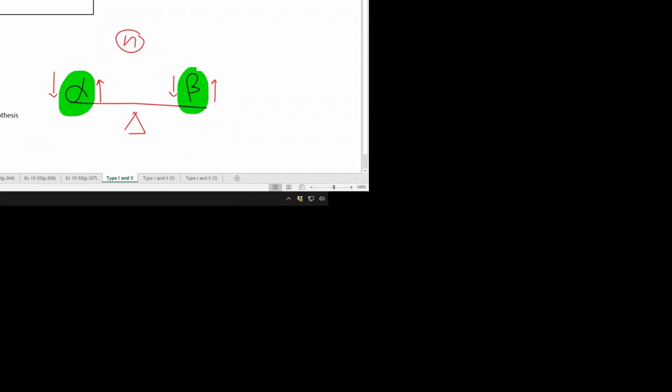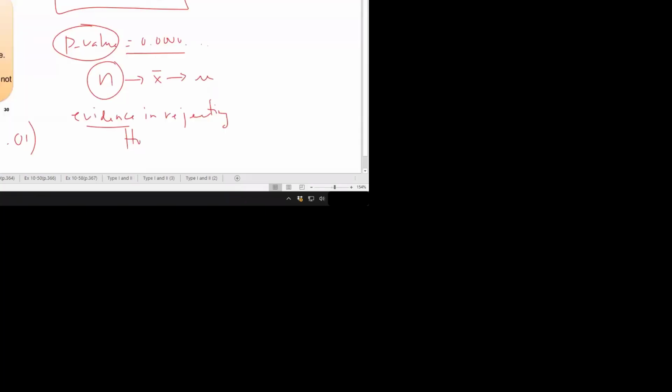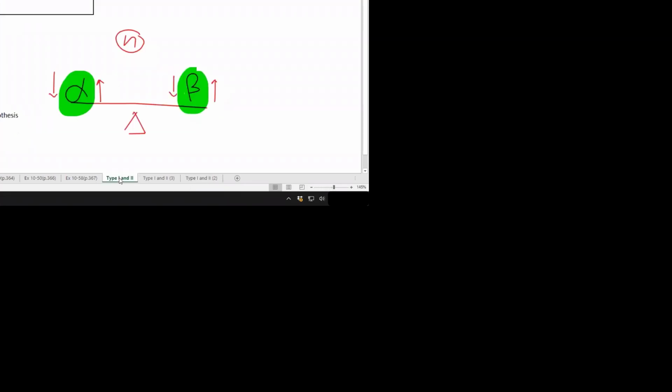So when we go back to when I asked earlier, what is a good alpha? The answer to that question is it depends. It really depends on the cost.